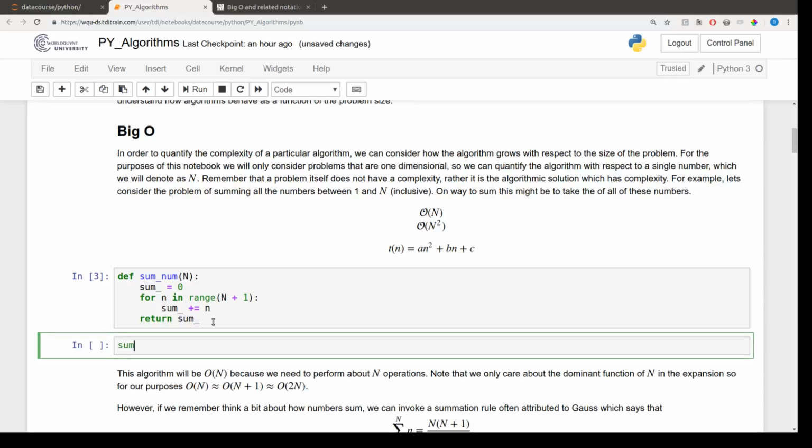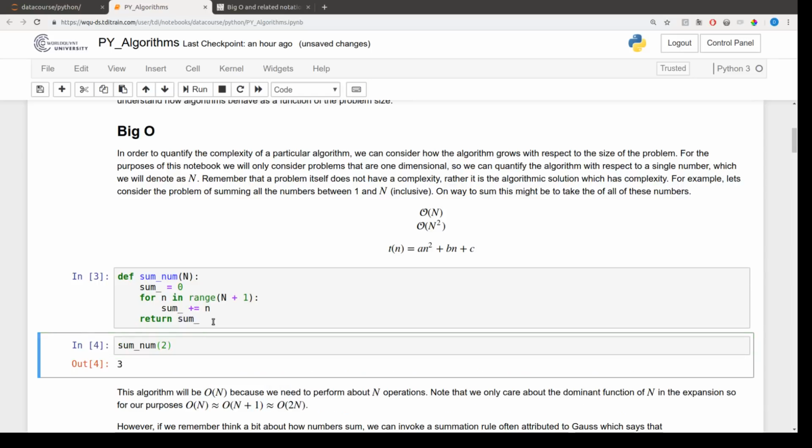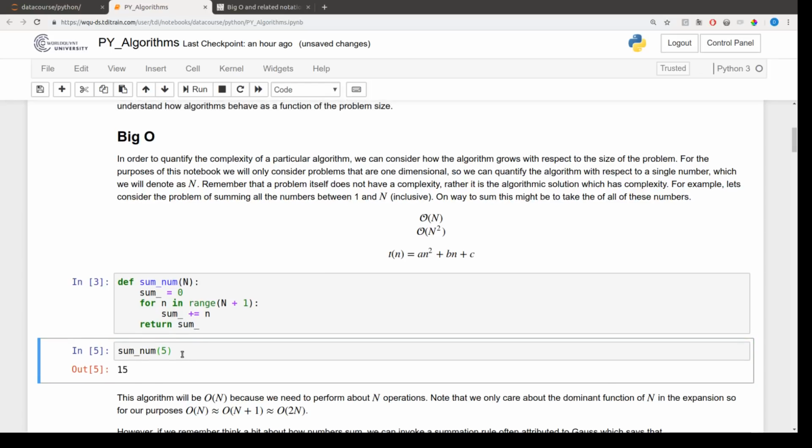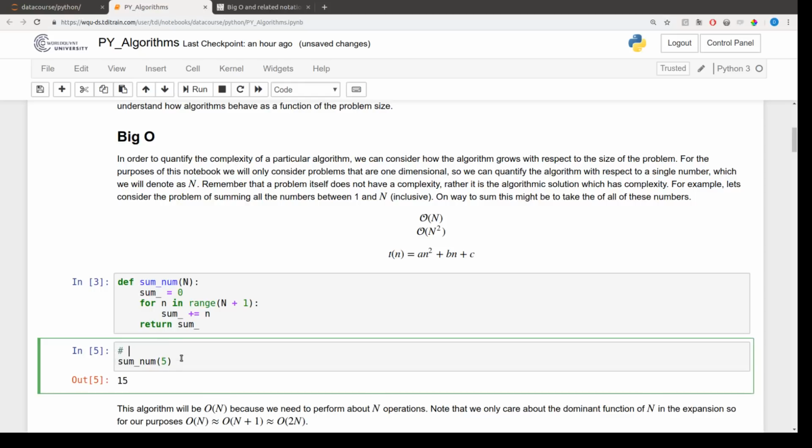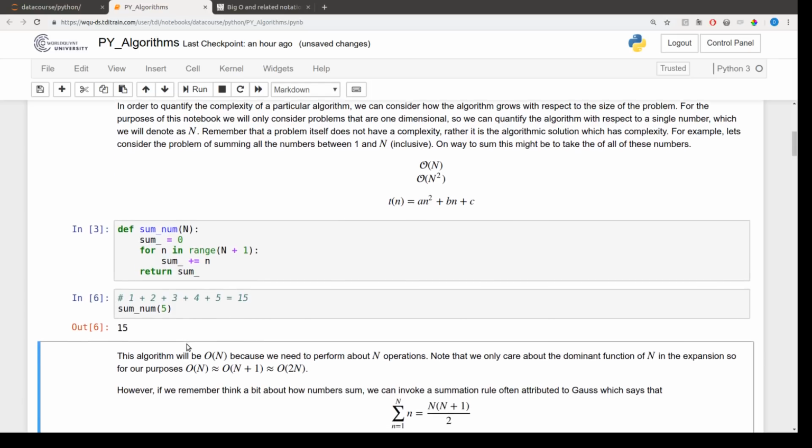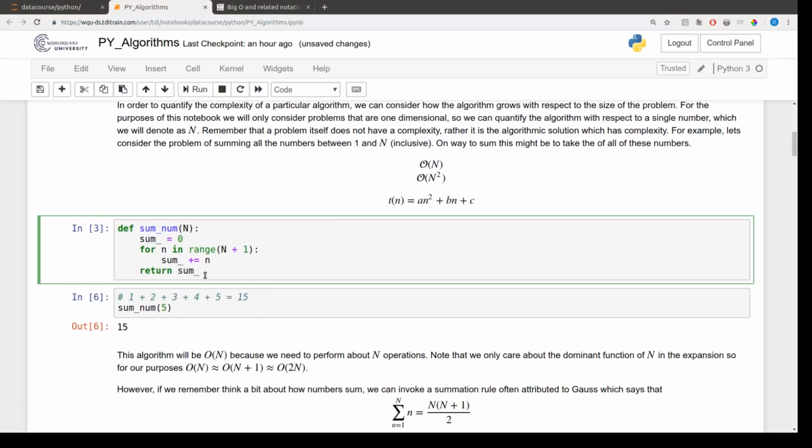So sumNum2, that would give me 2 plus 1, so 3. sumNum5, 1 plus 2 is 3, 3 plus 3 is 6, 6 plus 4 is 10, 10 plus 5 is 15. So we've just got here 1 plus 2 plus 3 plus 4 plus 5, which is 15. So we can clearly see this works.